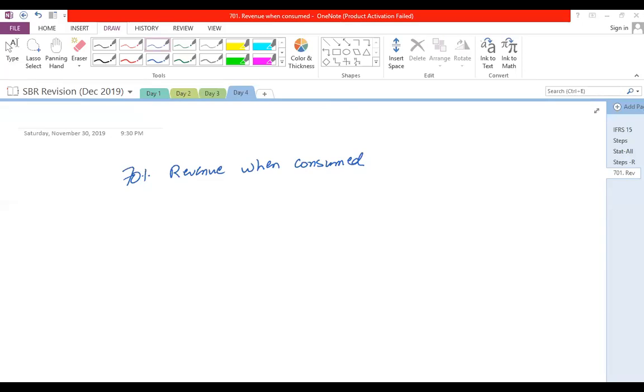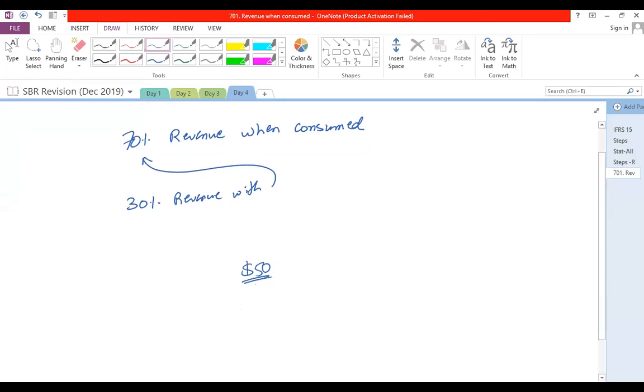That 30% should be recorded as revenue with the 70%, which means that out of $50, we are expecting the customer to use 70%, which is 35, and not use 30%, which is 15.